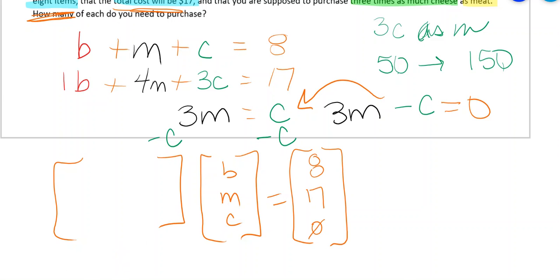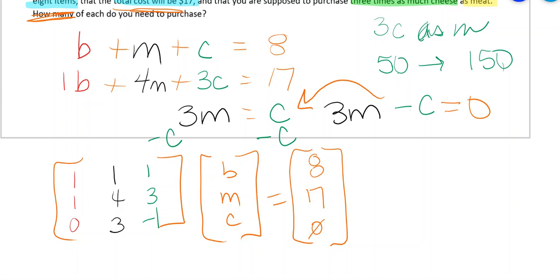In the first matrix, going bread first, I have 1, 1, and then 0. Meat, I have a 1, a 4, and a 3. And then cheese, I have a 1, a 3, and then this equation has me at a -1.